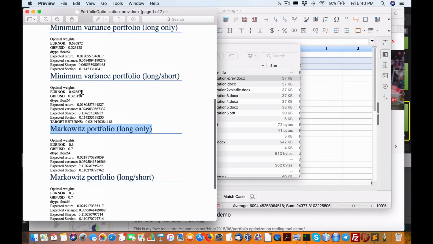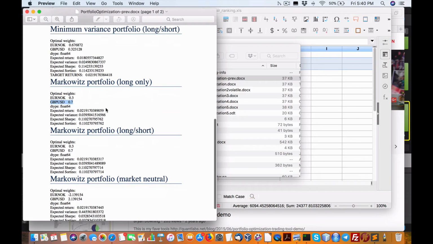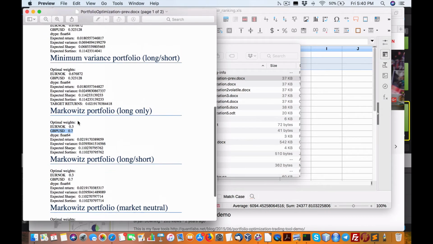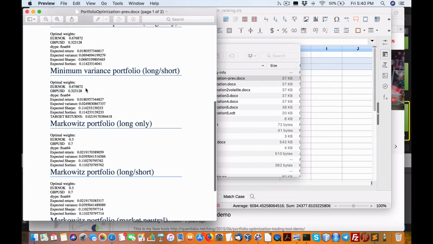And you'll notice on the minimum variance, the weight allocation is slightly different. So for instance, on our best performers of the Euro Norwegian kroner, using Markowitz portfolio, no matter what it is, it says here just allocate 30%, and then the British pound USD as 70% for both long and long short using the Markowitz portfolio technique. When you compare these 0.3, 0.7, it's a little more granular on the level of percent.